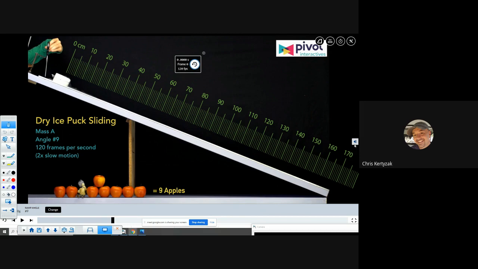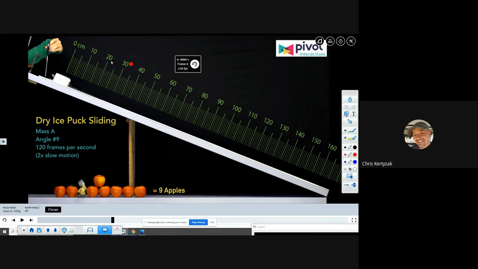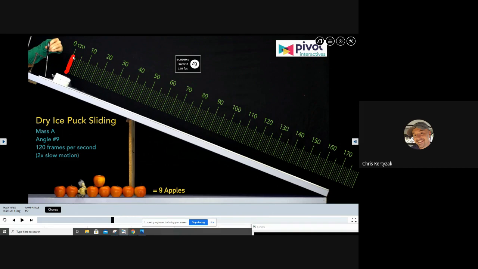And I could mark this up using the center of the block to mark the position. This is actually a frozen dry ice, CO2, so it's moving more or less with no friction down this very smooth ramp. Some friction, of course, but a very small amount.